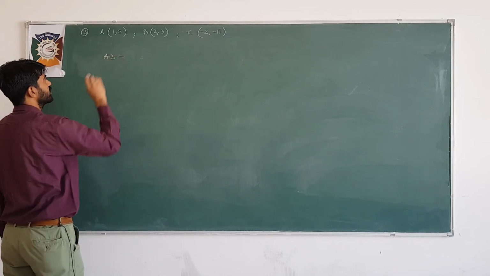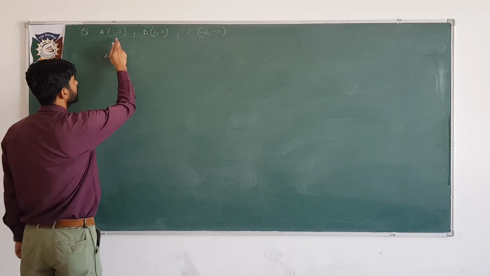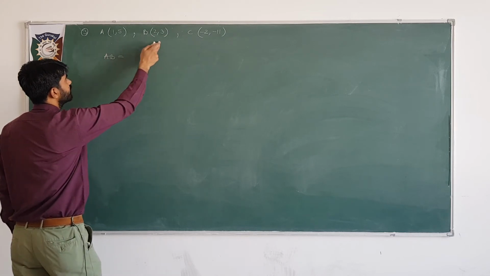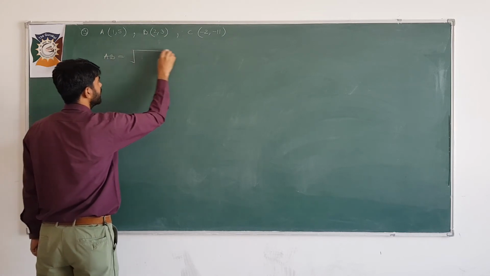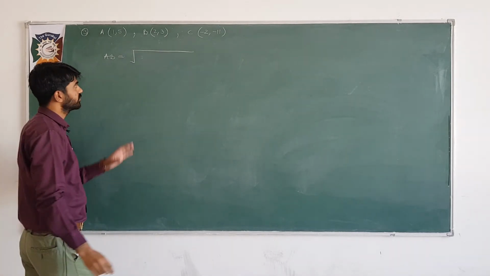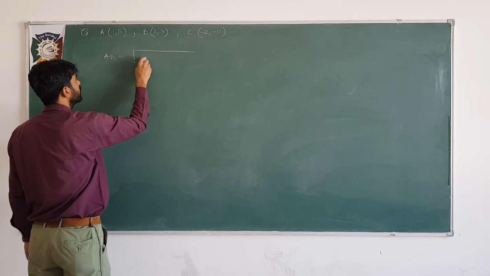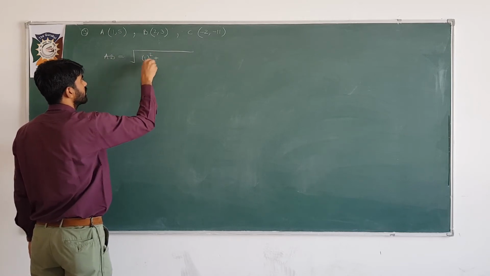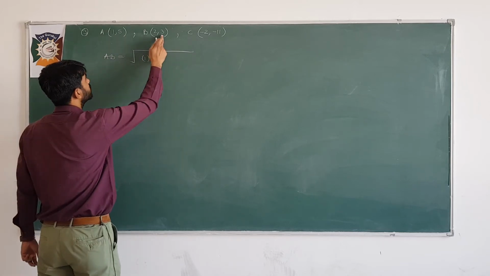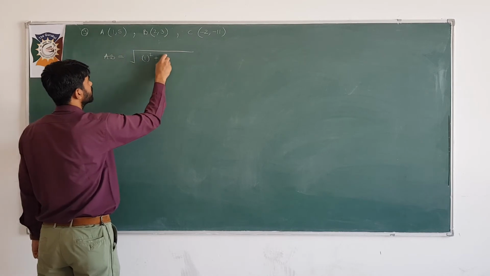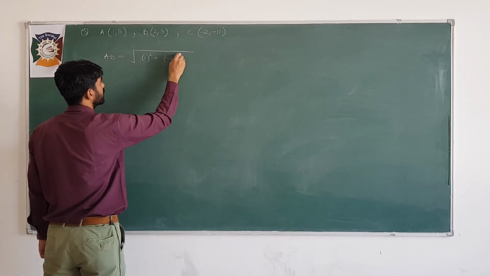AB is equal to what? Distance of A and B. So I am directly writing the formula, putting the values. 2 minus 1, so it will be 1 square, plus 3 minus 5, so it will be minus 2 square.